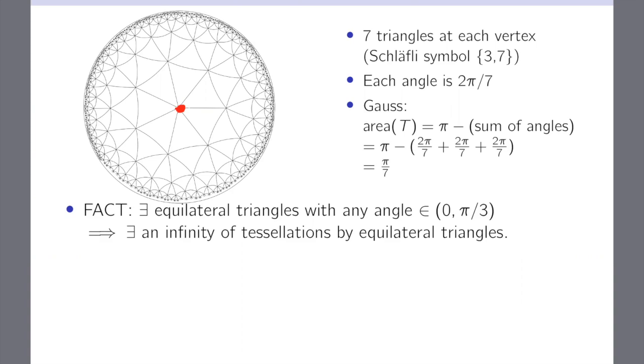And so we get this fact that there exist equilateral triangles with any angle greater than 0 and less than pi over 3. And so we have an infinity of tessellations by equilateral triangles, right? Juxtapose this with the Euclidean case where we have exactly 1 tiling of the plane via equilateral triangles.